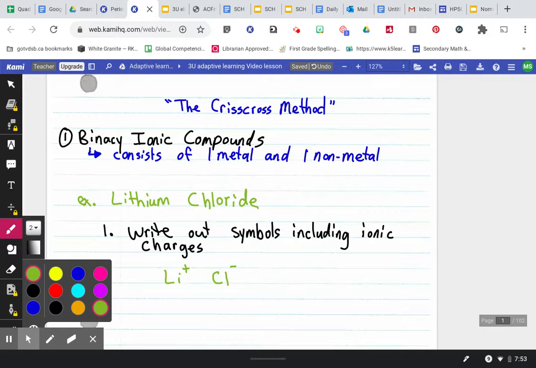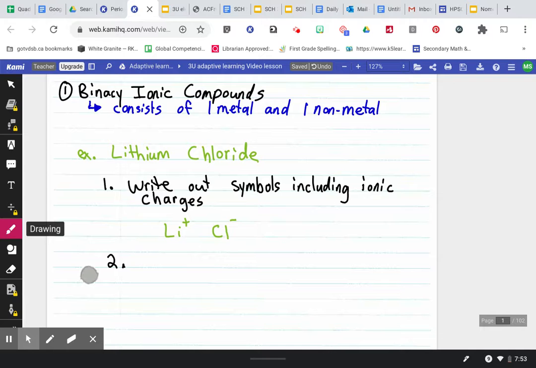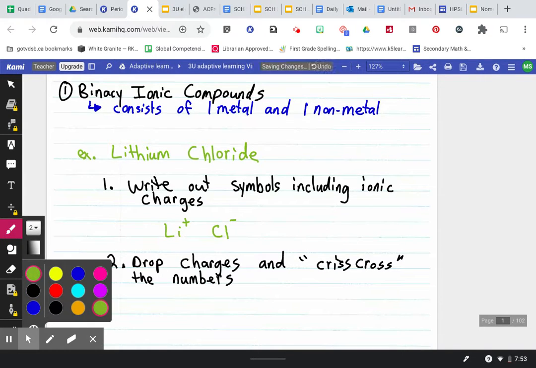Now, after we write that out, we simply drop the charges and we crisscross the numbers. So that looks like this.